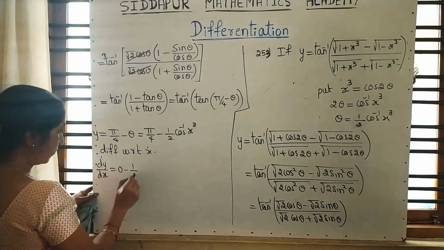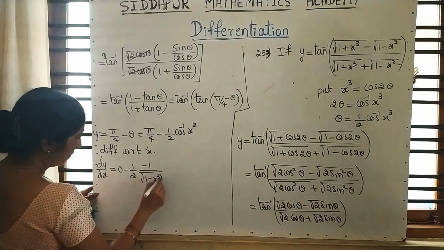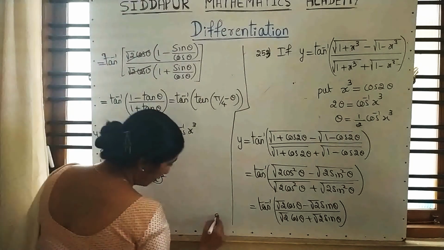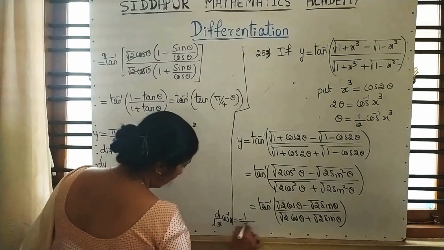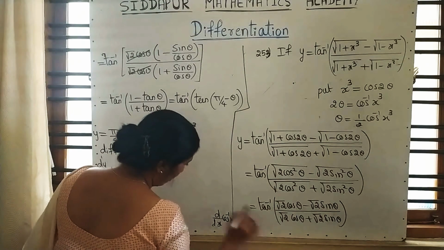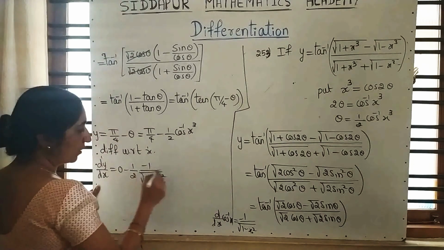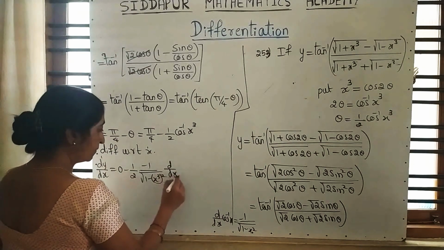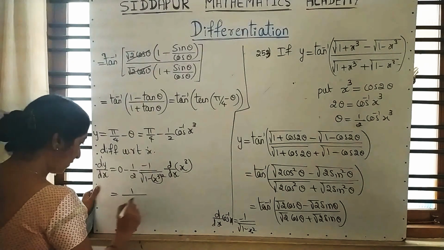Zero minus 1 by 2. See, differentiation of cos inverse x is what? Minus 1 upon root of 1 minus x square. In place of x we have x cube, we have to write that. This is minus into minus plus.